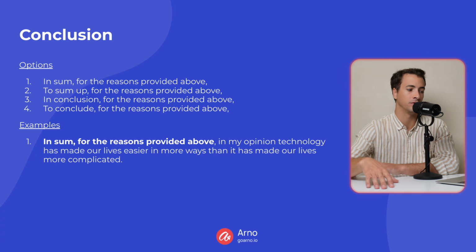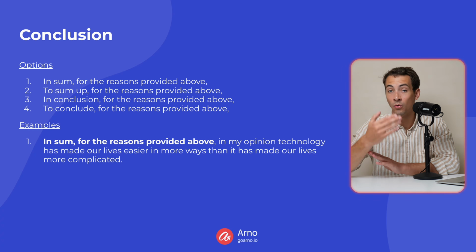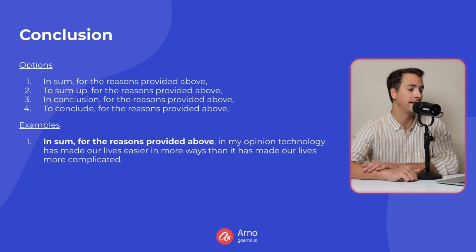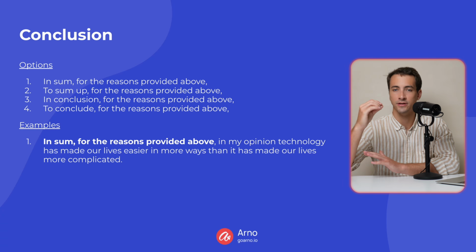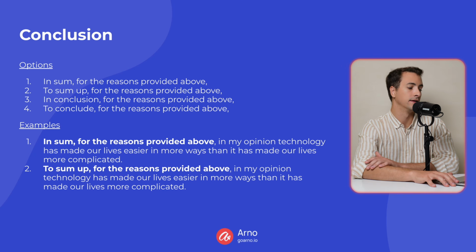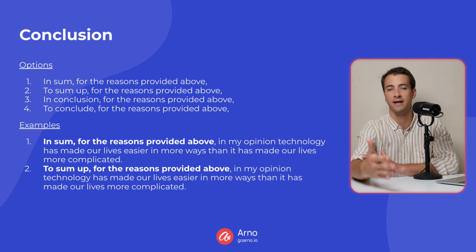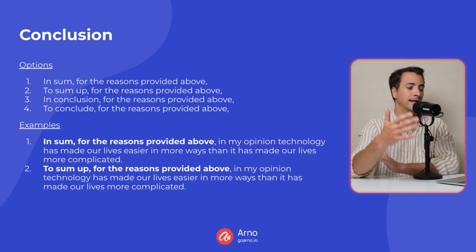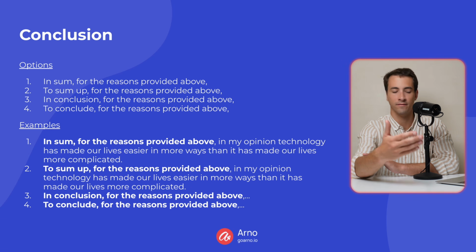So that's all I do here, is I say that technology has made our lives easier in more ways than it has made our lives more complicated. That's my main opinion, and I just restate it with slightly different vocabulary. Second, to sum up, for the reasons provided above, in my opinion, technology has made our lives easier in more ways than it has made our lives more complicated. And then third and fourth, you get the idea.